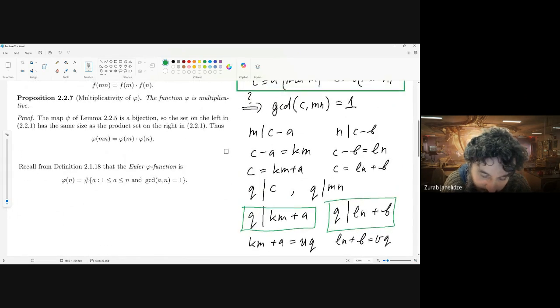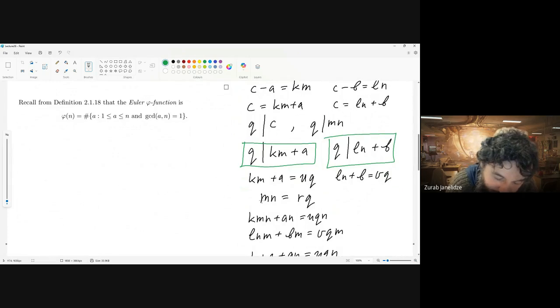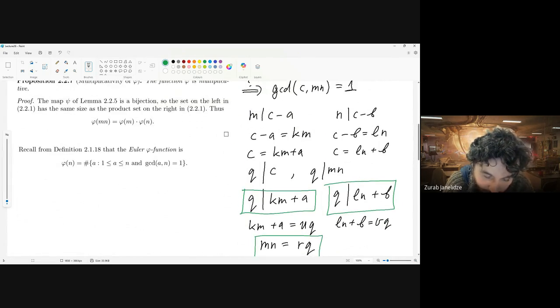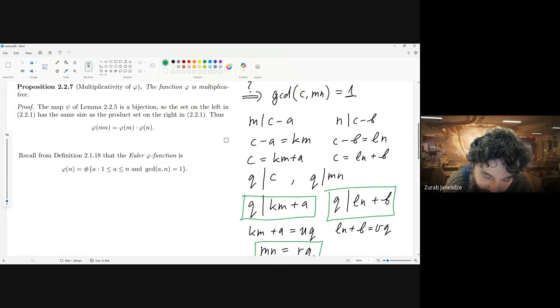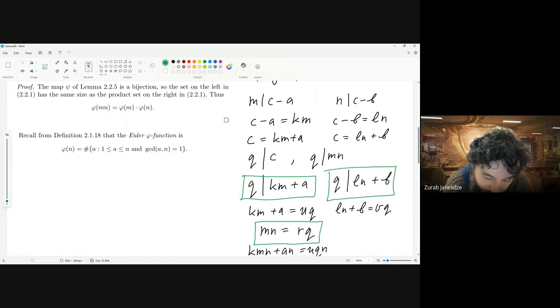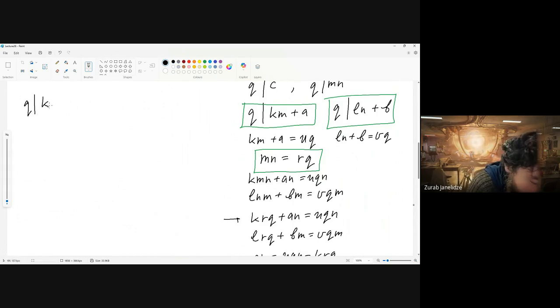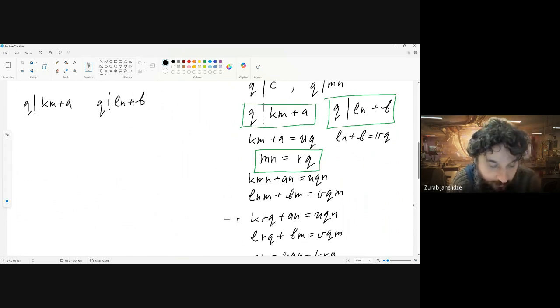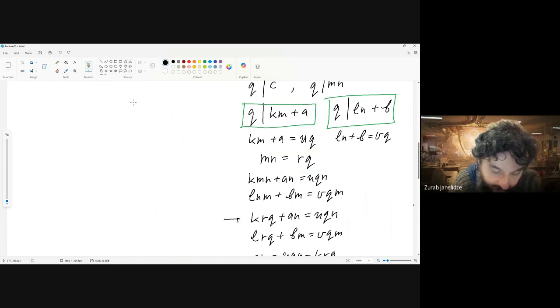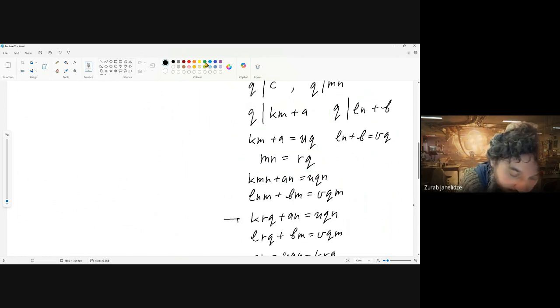What about the fact that Q divides MN? That's given here. So this is also an important ingredient. And from these, we need to get that Q is equal to 1. Okay, I'm going to write this out separately now. So we have that Q divides Km plus A, and that Q divides Ln plus B. We wrote them out more explicitly here.